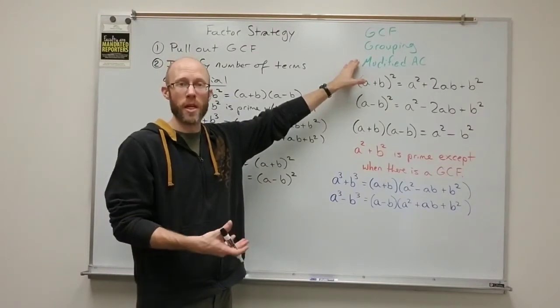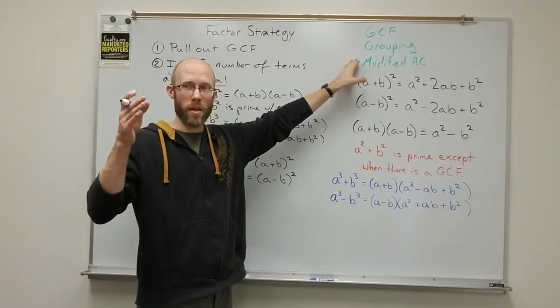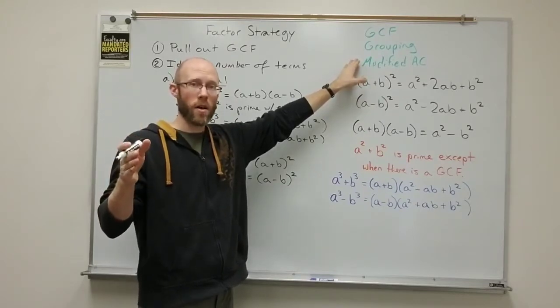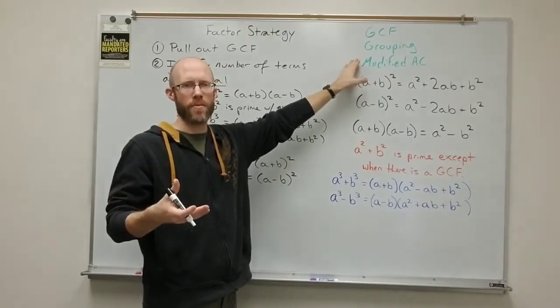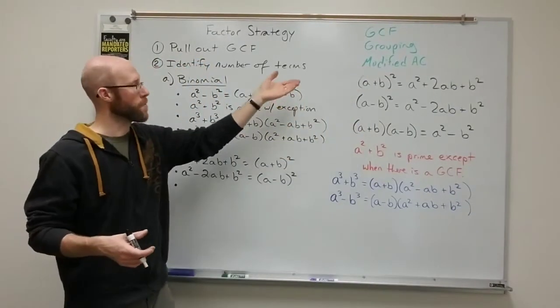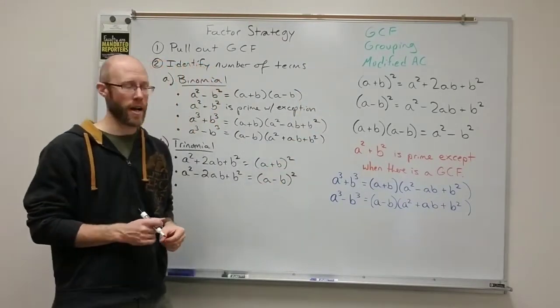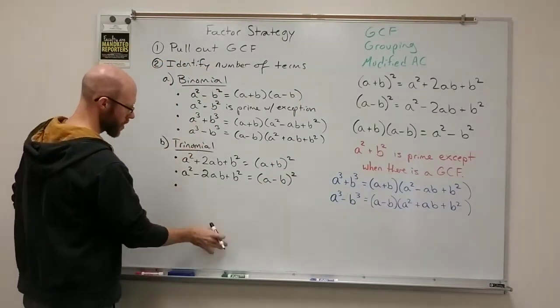Now I'm including in the modified AC method the situation where you have the lead coefficient of 1, which was a much simpler method. Sometimes I call that the shortcut, but it's really an example of the modified AC method. You just don't have the greatest common factor to divide out. So I'm going to include those in there.